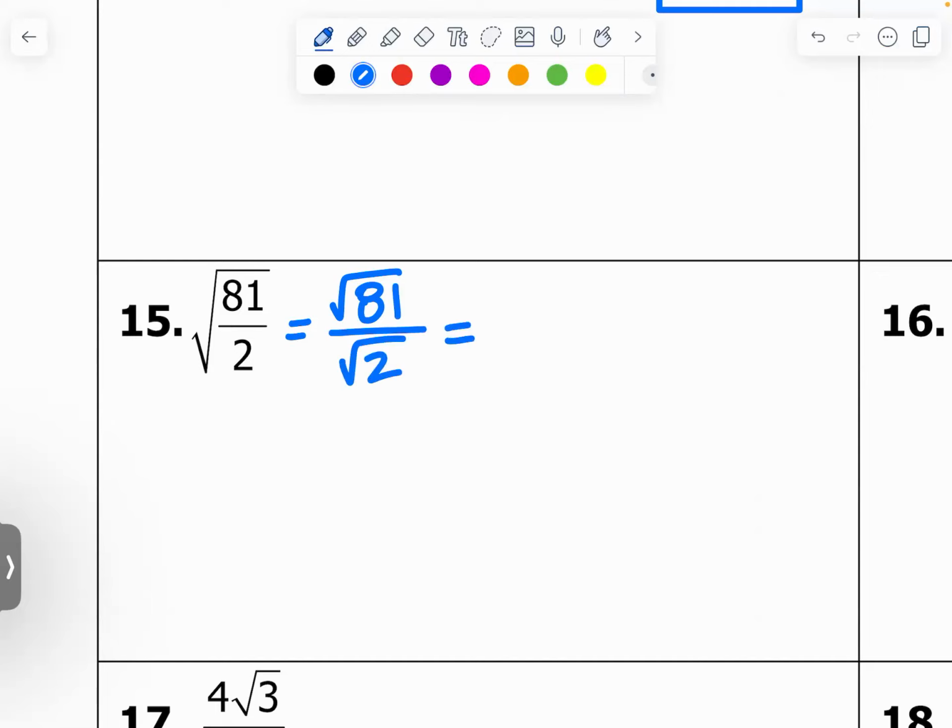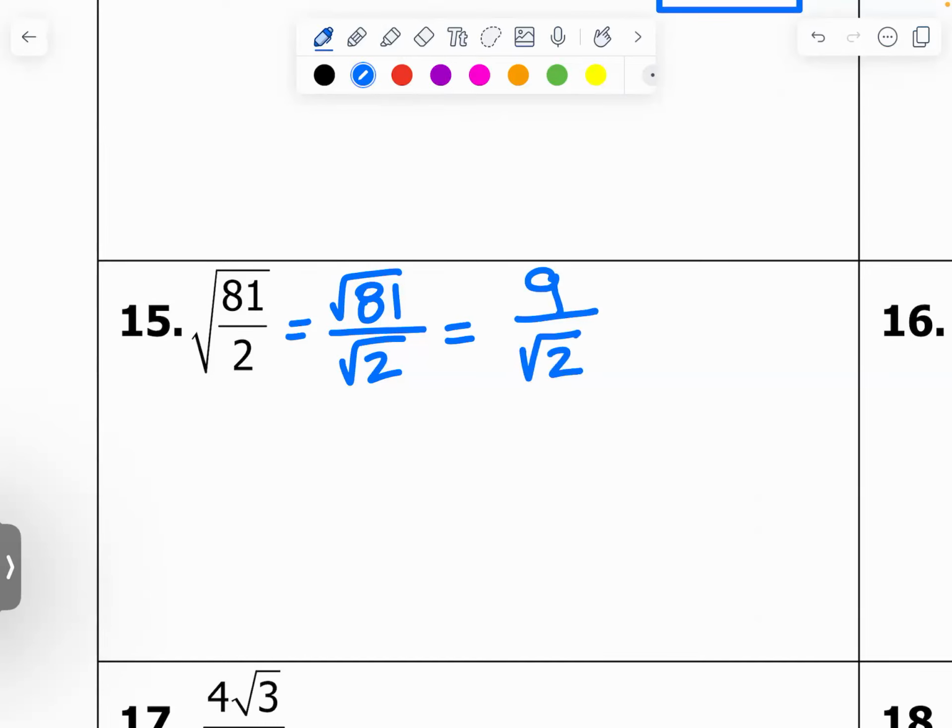So hold on, don't get too ahead of yourself. Yes, I understand that we can't have a radical 2 in our denominator, but let's slow our roll. In our numerator, can we do something to help us? Let's reduce the square root of 81, so we have 9 over radical 2.